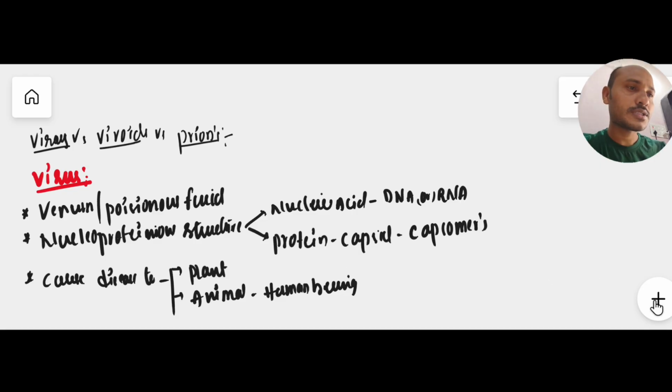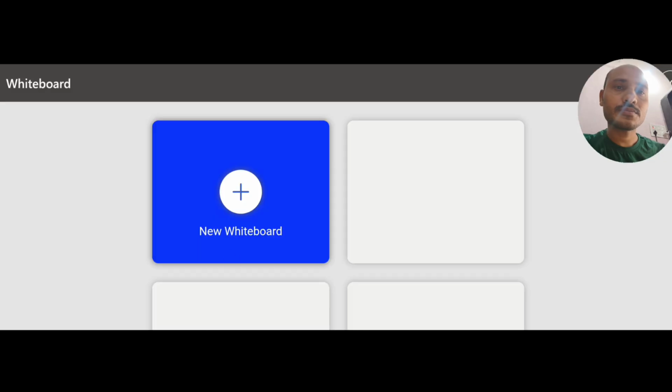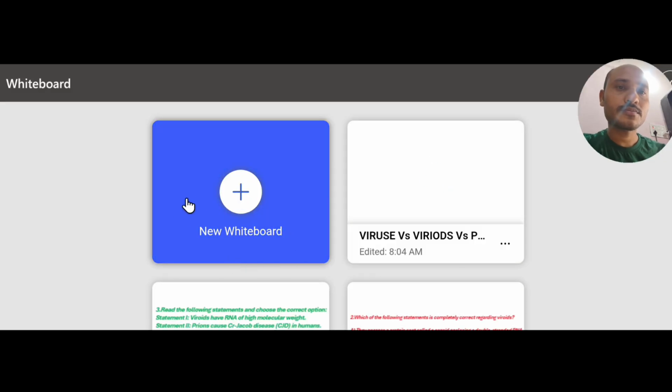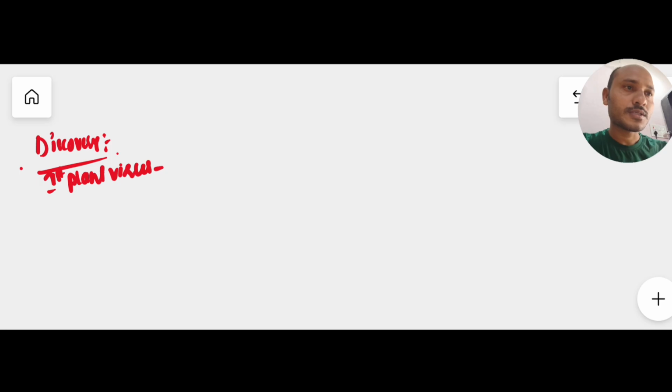Now we will move on to the discovery of viruses. Generally, the first viruses discovered were plant viruses.